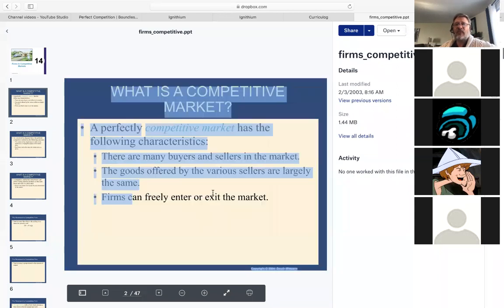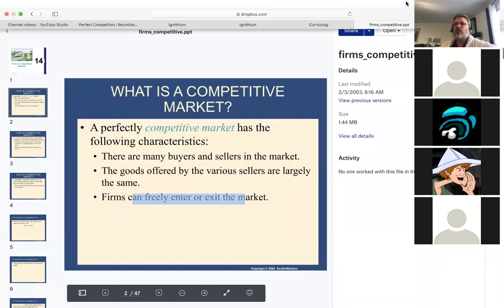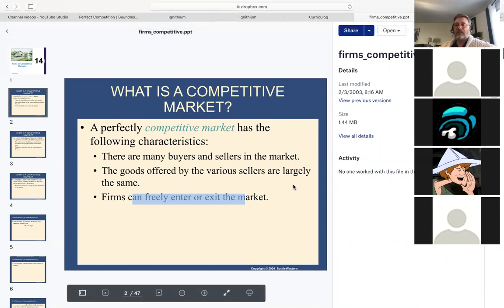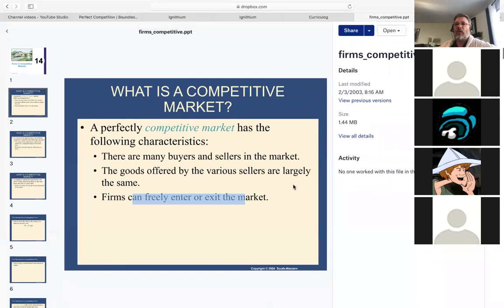The other thing is this free entry and exit issue. So free entry and exit has to do with whether or not usually there's some barrier to getting into business. And the typical high cost barrier is a government restriction. And we'll talk more about that later on when we talk about monopoly, but you can think about it like a patent.